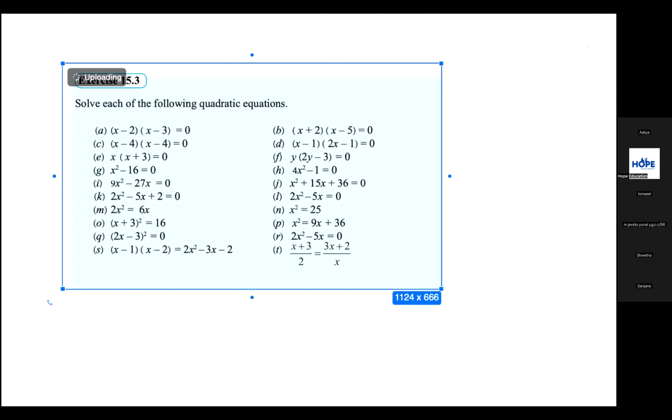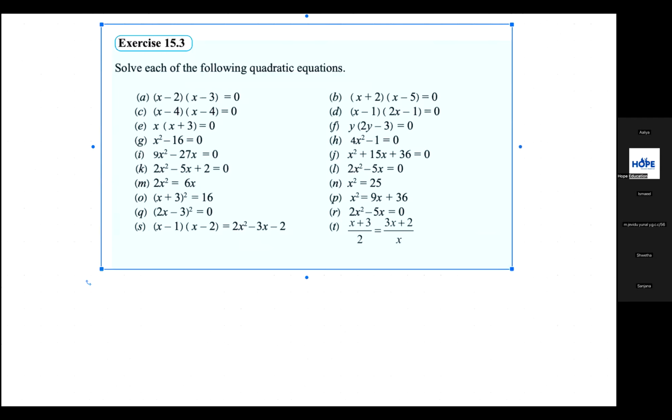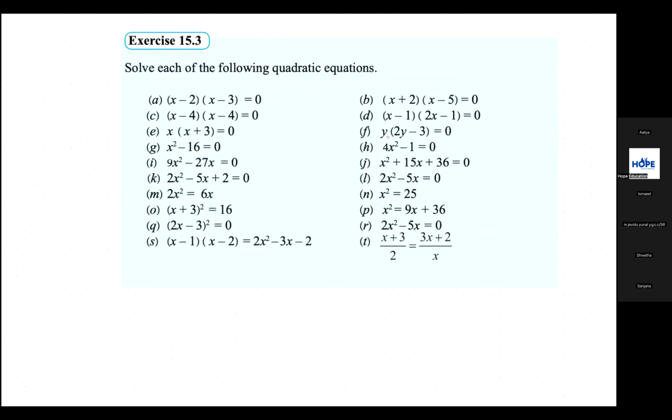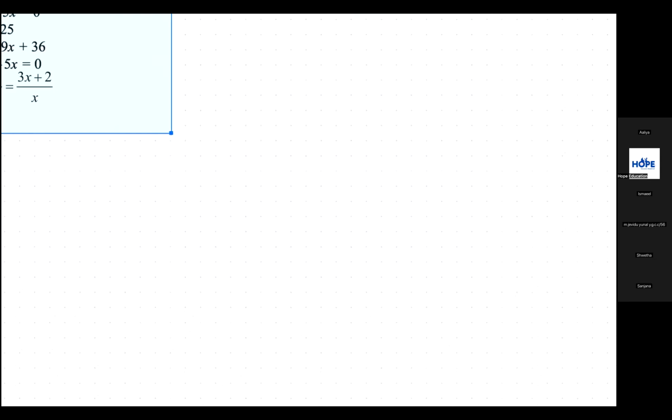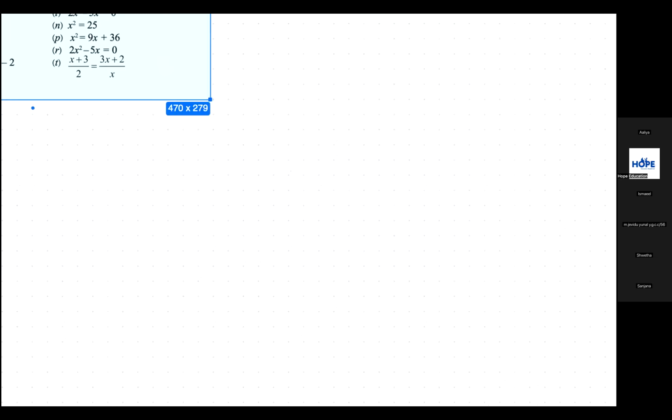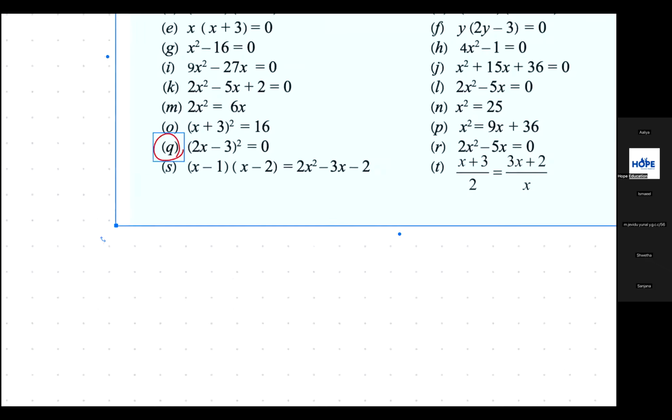15.3 Q. Now these are all quadratic equations that you have to solve. First one is Q. Let's first discuss Q. Q will be 2x minus 3 squared equals 0.